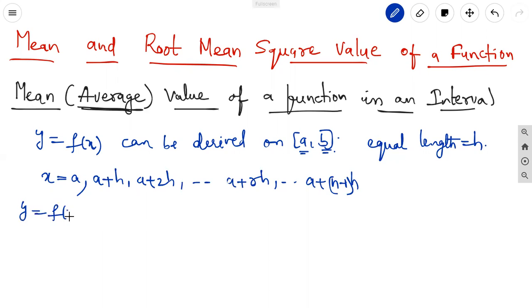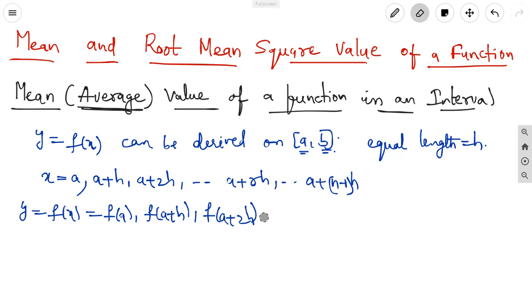Y is equal to f of x, that is equal to f of a, f of a plus h, f of a plus 2h, and so on, f of a plus rh, and so on, f of a plus n minus 1 into h. These are the n functional values from the equal length h of the n intervals.